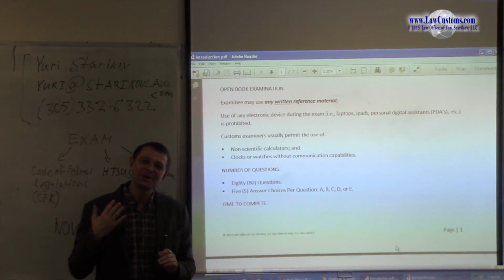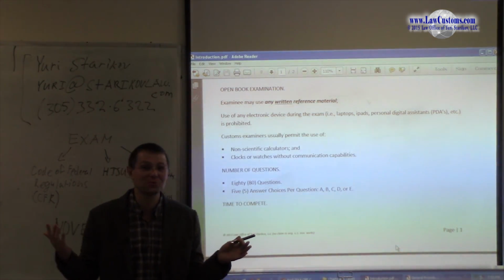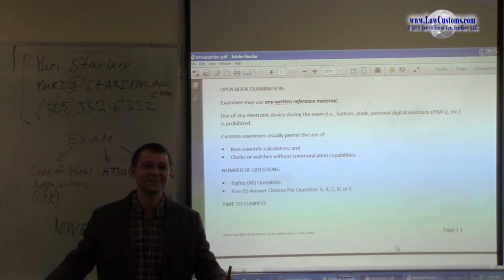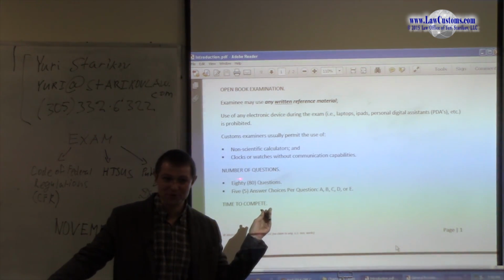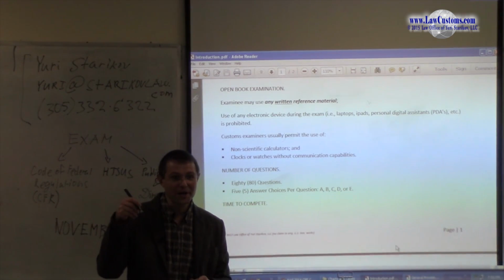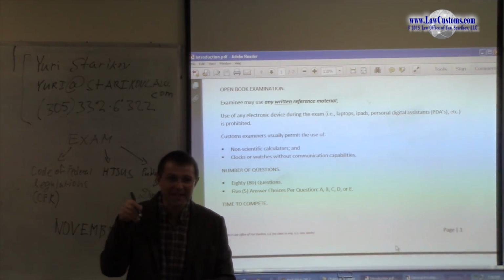This is something which I do not know what they will do. They probably won't do anything, right? But I know that not on a customs exam, but on a bar exam, which is an attorney's exam, one person showed up with a marker, which was not a marker, but a scanner, and they were scanning all these questions.